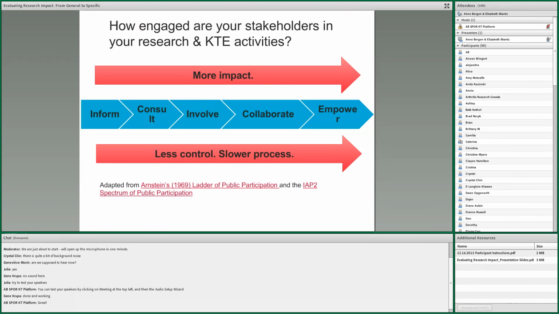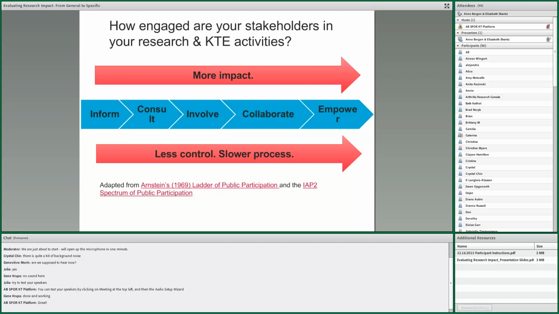This series of arrows here is adapted from Arnstein's ladder of public participation and the IAP2 spectrum of public participation. At the beginning, we have the least impactful form of research output or KT: informing people. This is when you give somebody a piece of information. Here's a pamphlet. It has what you want to know. And you go away and hope that they're going to act based on that pamphlet.